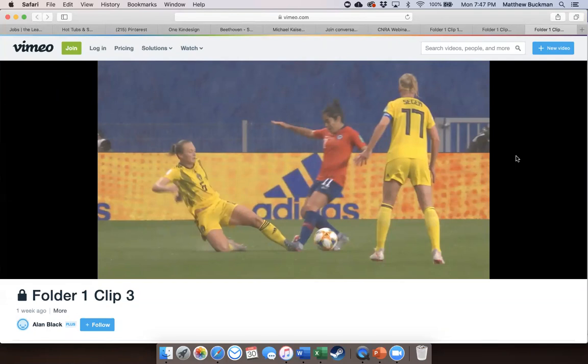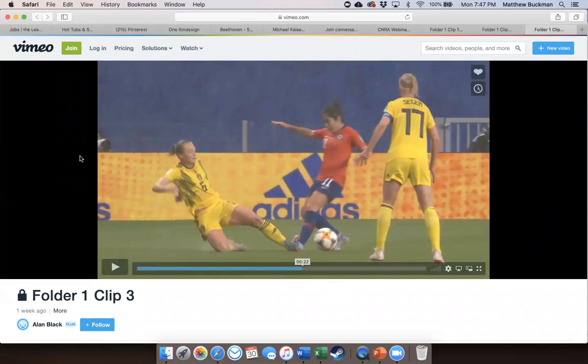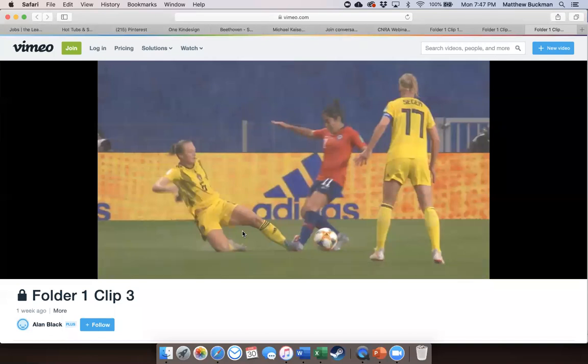All right, so we had some people who took the first position of the yellow player has played the ball here, therefore she cannot be guilty of an offense. I would like to dispel that rumor right away. There's a sentence written into the laws of the game or the considerations. I can't remember which one, or it's possibly both now, that says a player is not allowed to make unfair contact with an opponent after playing the ball.